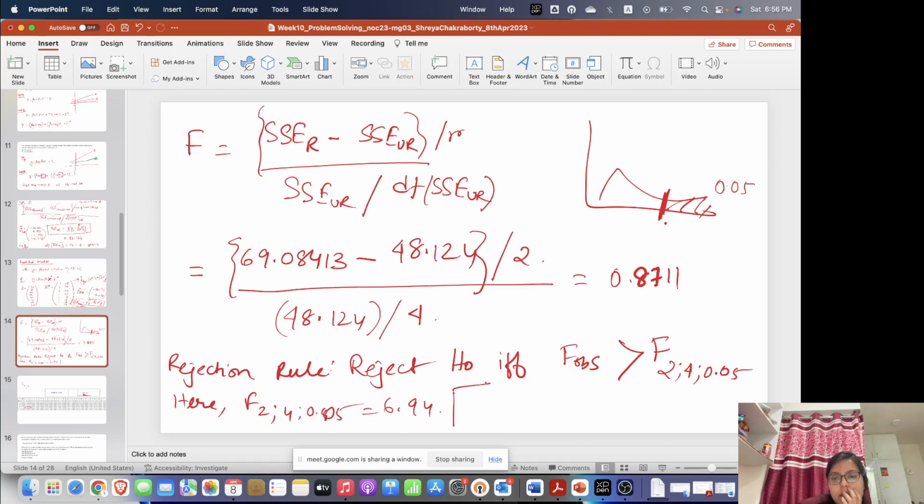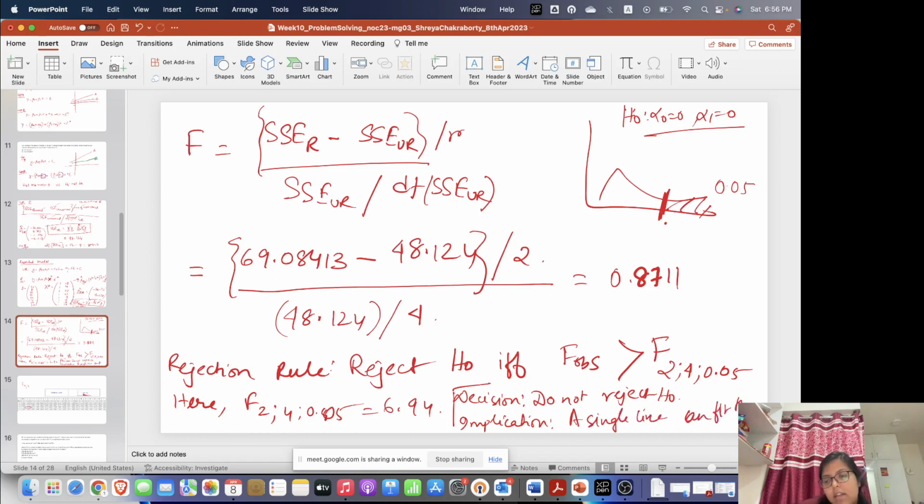So our decision is: the observed F value is less than the critical F value, so we do not reject H naught. What was the H naught all about? H naught was alpha naught equal to 0, alpha 1 equal to 0. So we are not rejecting H naught. That means the implication is that a single line can fit the entire data.